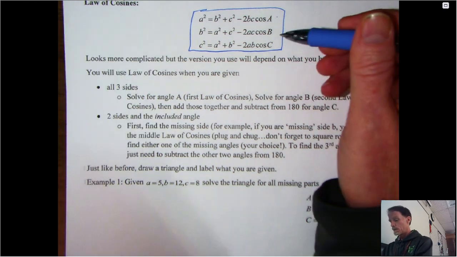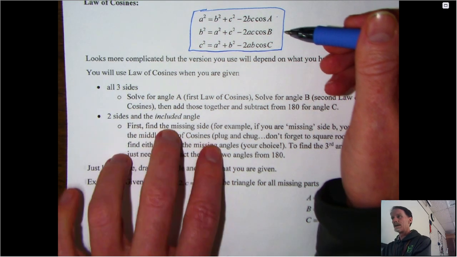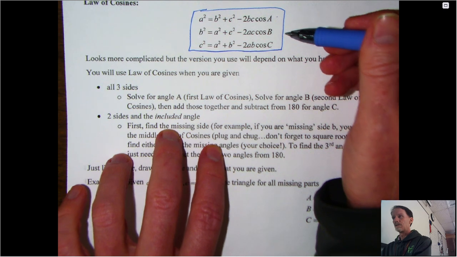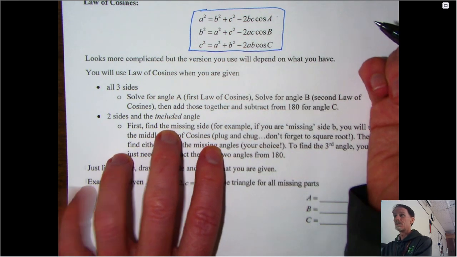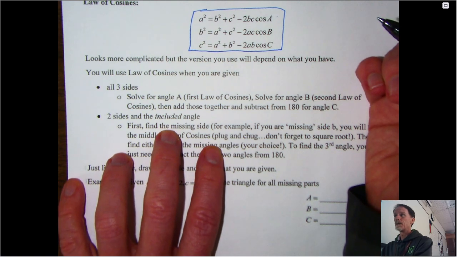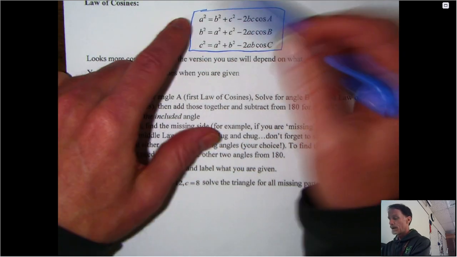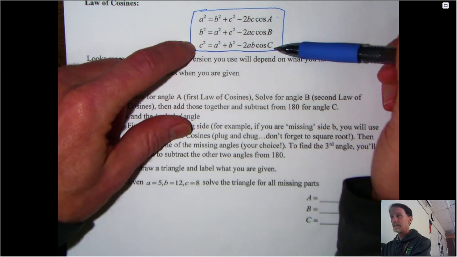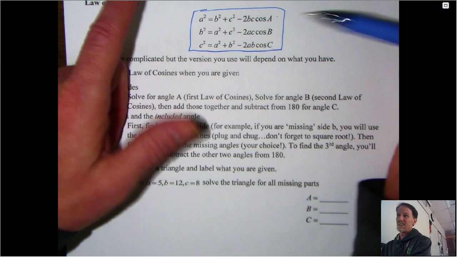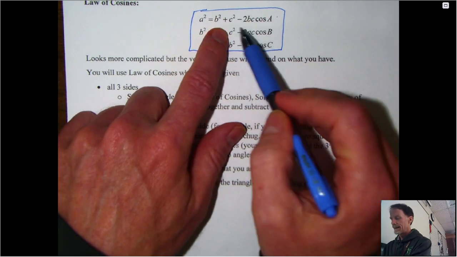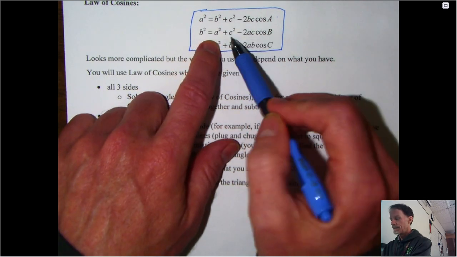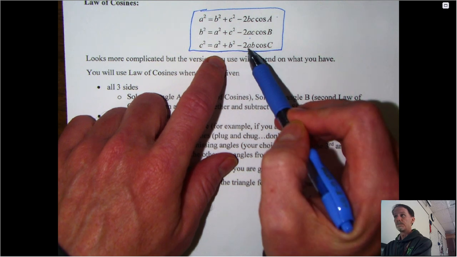And the same thing when we get to the two sides and one angle case, there's only one option to use to find that third missing side. Also remember the A and A, B and B, C and C on the ends, that's how you can keep the different versions separate. And then on the inside, BC, BC, AC, AC, AB, AB.